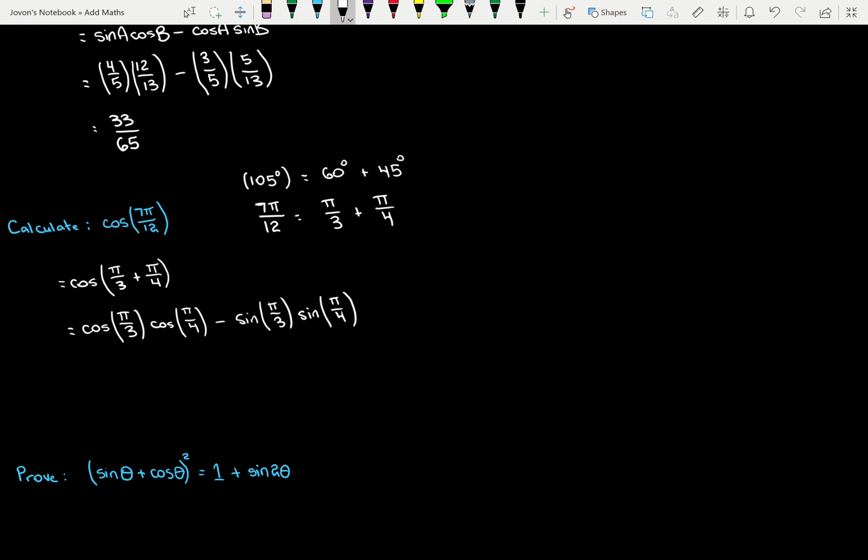Cosine pi over 3 is a half, cosine pi over 4 is root 2 on 2, or 1 over root 2, minus sine pi over 3, which is root 3 on 2, times sine pi over 4, which is 1 over root 2.